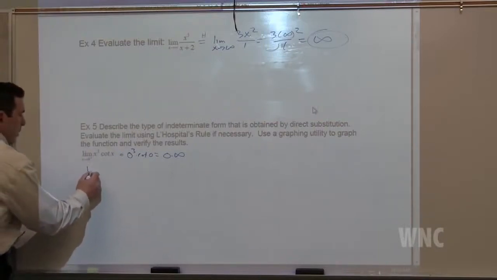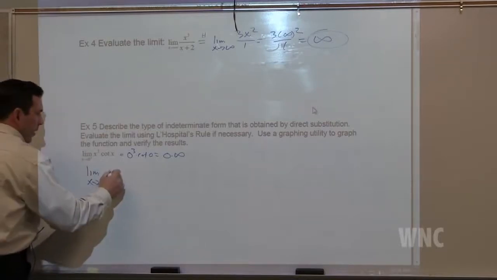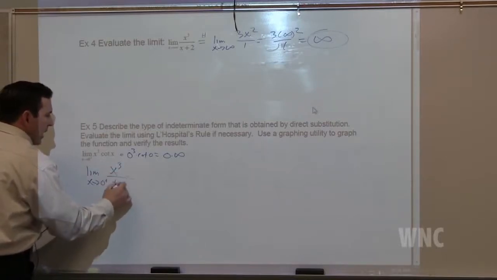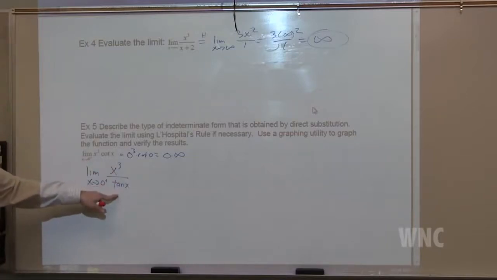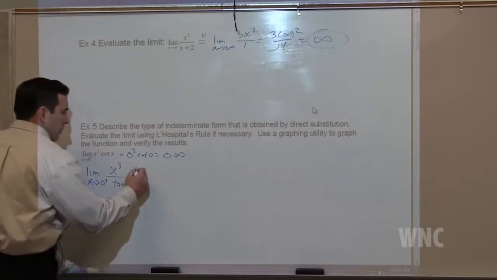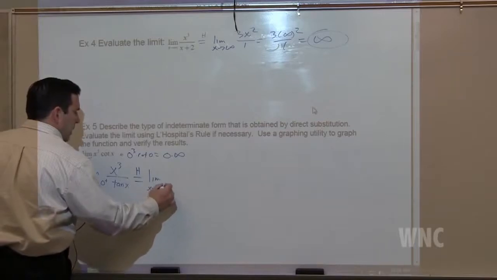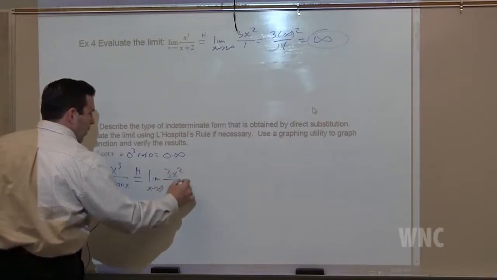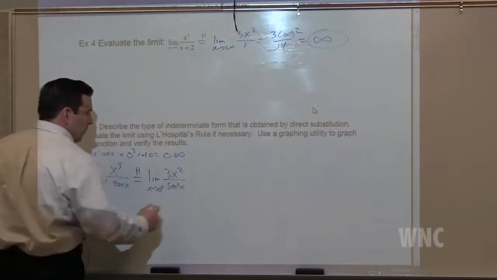So think of this as the limit as x approaches 0 from the right side of x cubed over tangent x. Why over tangent? Because cotangent is 1 over tangent. Now if I plugged in the 0, I have 0 over 0. L'Hopital's rule applies. So the limit as x approaches 0 from the right side of 3x squared over, and the derivative of tangent is secant squared x.